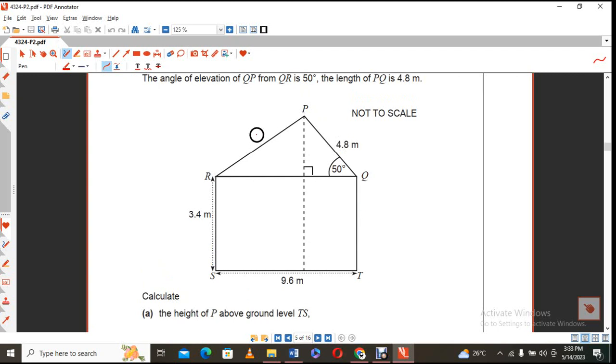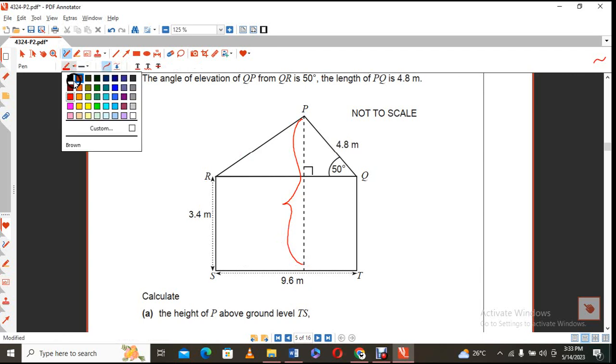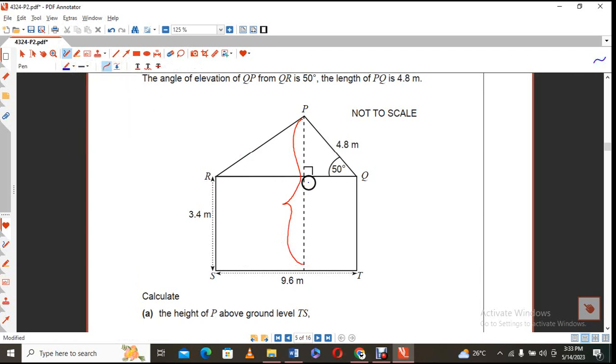So what that means is we are looking for this whole distance over there. But we know something. We know that the distance from here to here is 3.4 meters. It's corresponding with that distance over there.